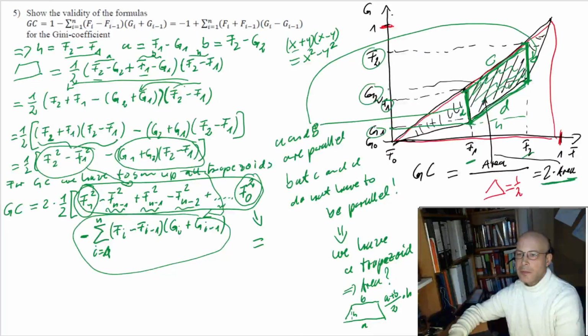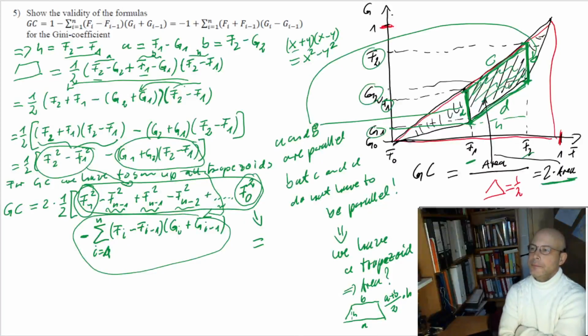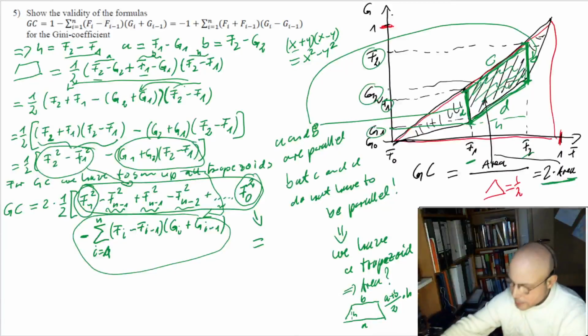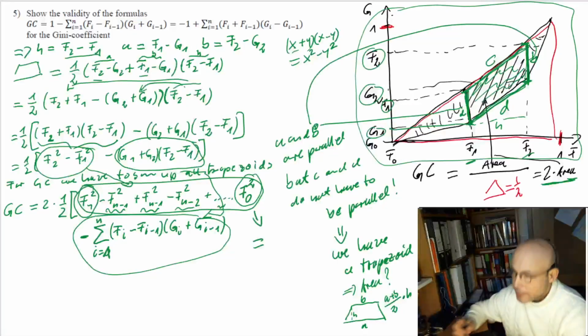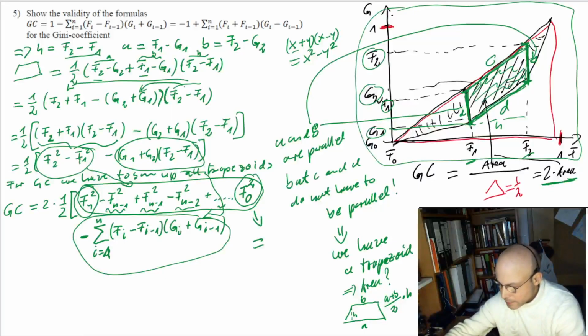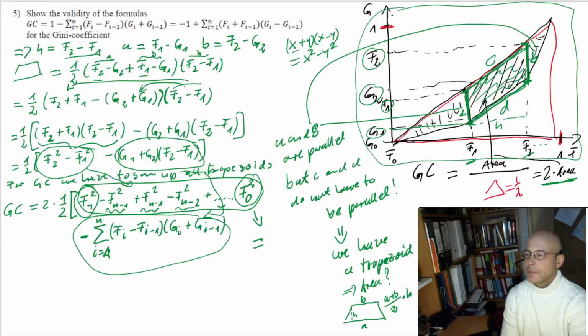And what is the last value of f in the definition of the Gini coefficient? What is f_n? If you look at this diagram, this is f0, f1, f2, and then we end up at what is the last data point in our diagram? 1. Great.